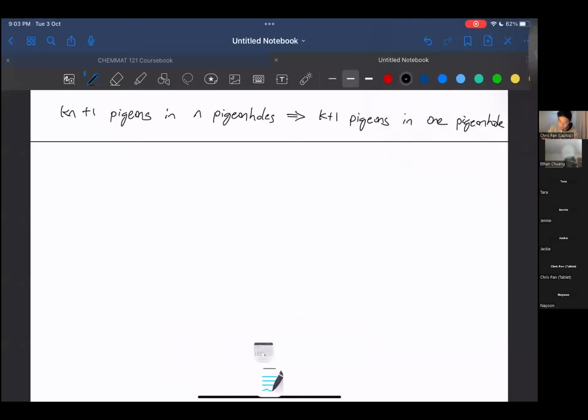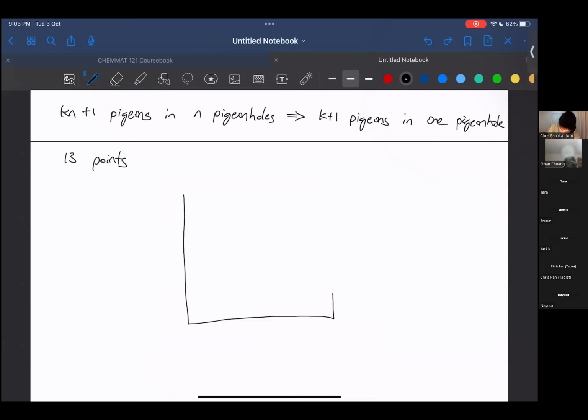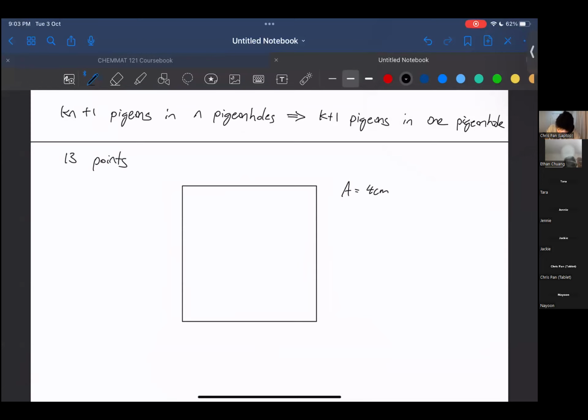Okay, so here I have the theorem: kn plus one pigeons and n pigeonholes implies there are k plus one pigeons in one pigeonhole. In our case, we have our 13 points, which are our pigeons, and we've got to create some pigeonholes. That's our square here with area 4 centimeters squared.